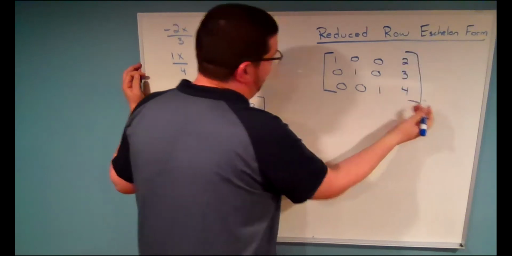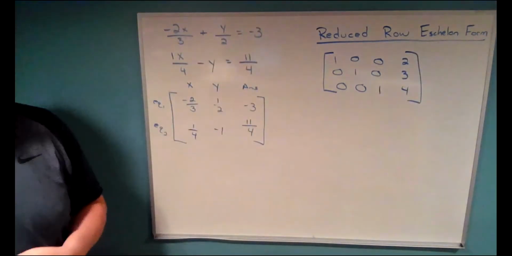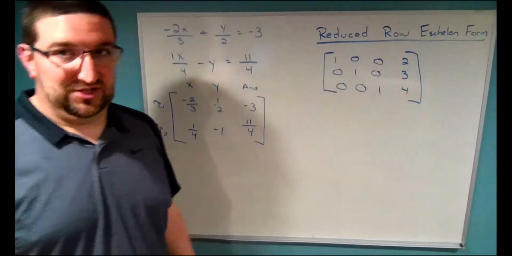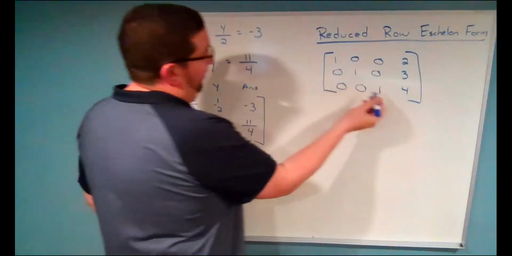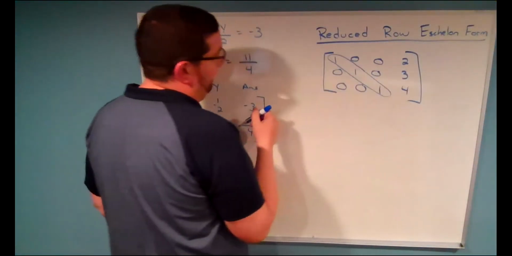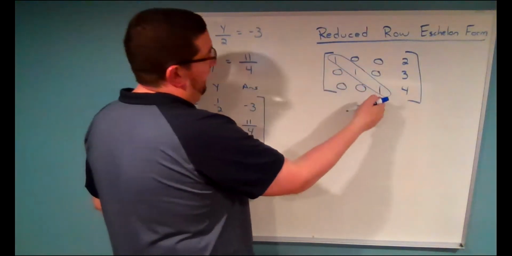This would be an example of a reduced row echelon form matrix, a 3x4 matrix. You're going to see a diagonal series of 1s here: a 1, 1, and a 1.